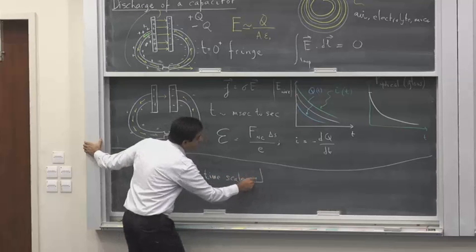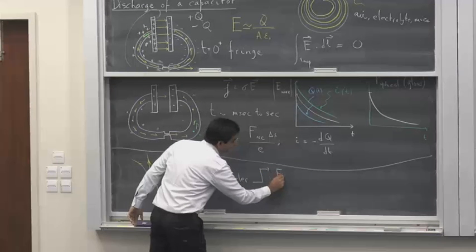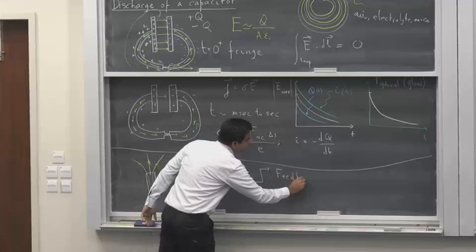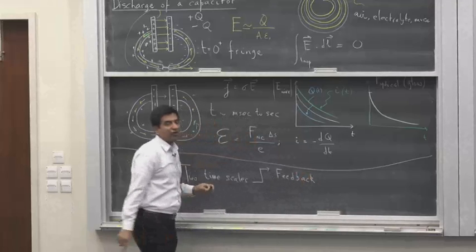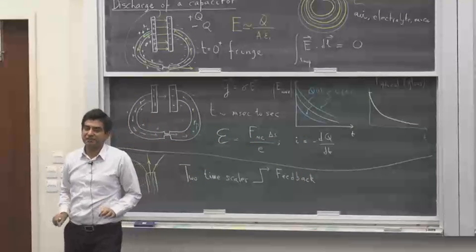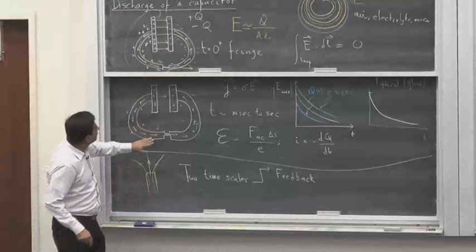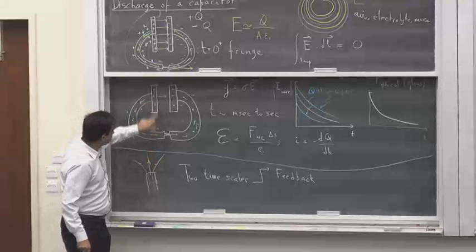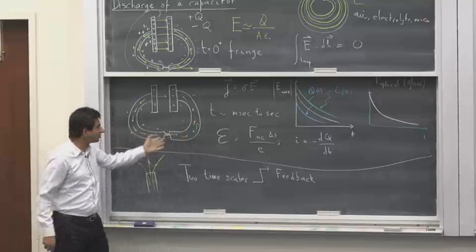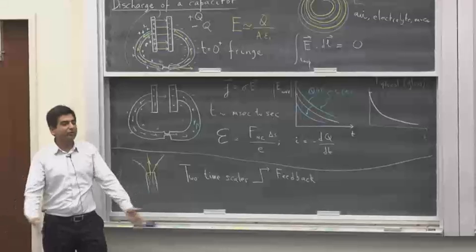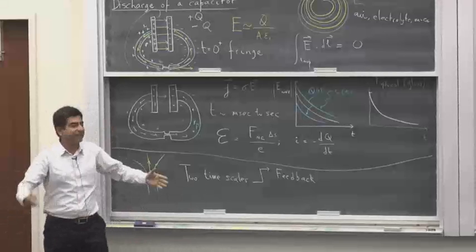One is the time scale of feedback, when electric fields are set up inside the wire because of instantaneous charge distribution. Charge does not have to move from the capacitor to any point inside the circuit because charge is available everywhere. The sea of electrons permeates this wire.